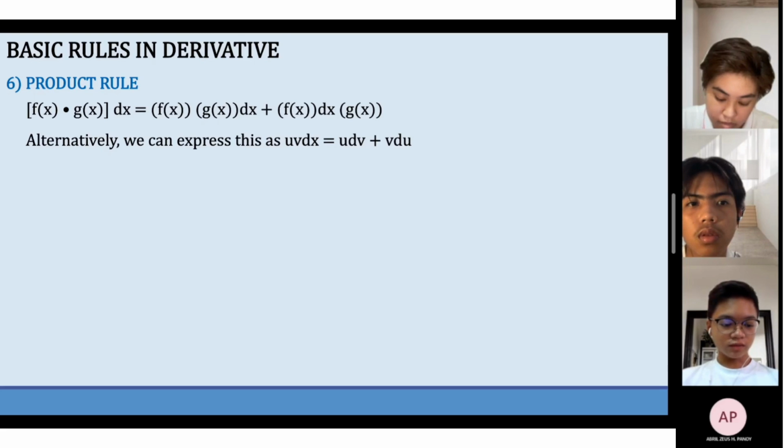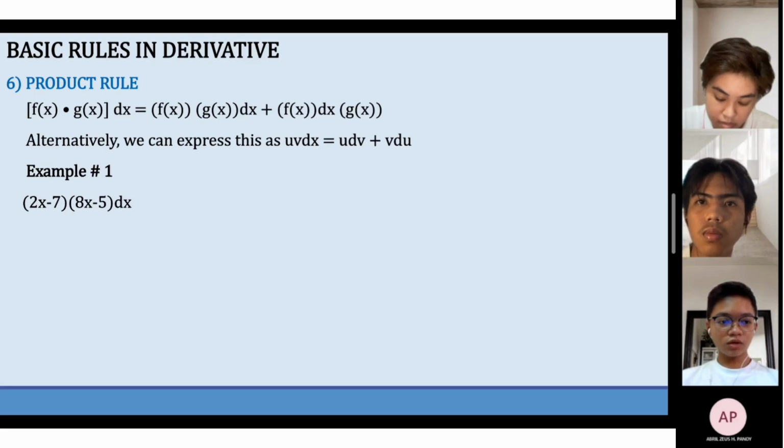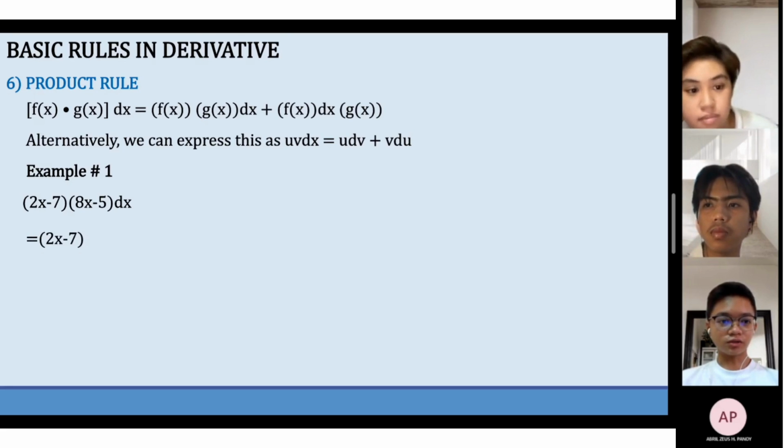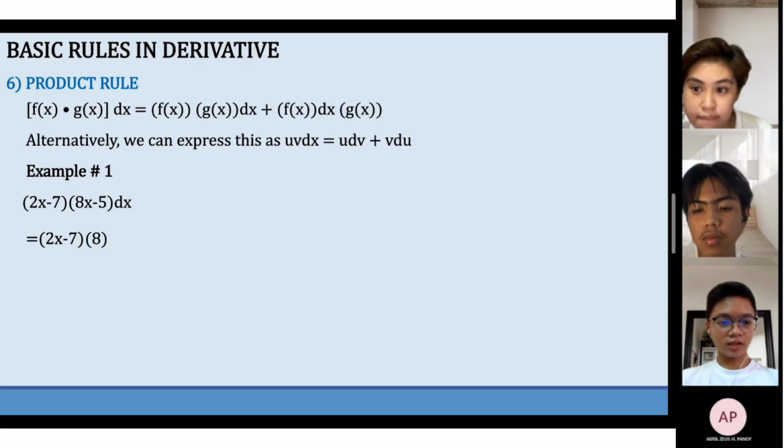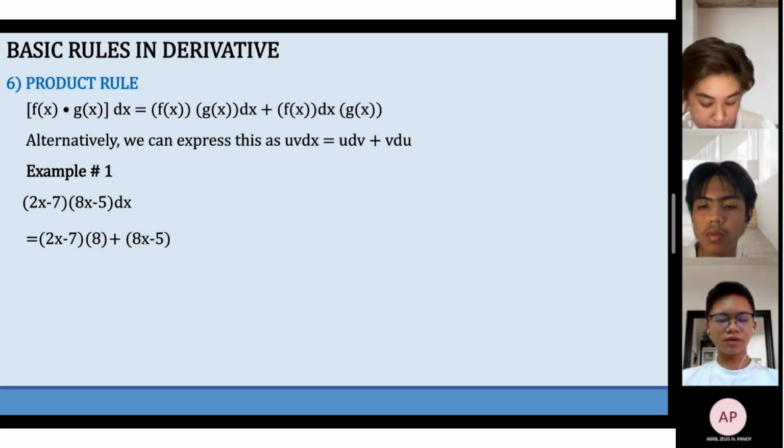For example, the derivative of the quantity 2x minus 7 times the quantity 8x minus 5 dx. First thing you're going to do is copy the first function, 2x minus 7, times the derivative of the second function, 8, plus copy the second function, 8x minus 5, times the derivative of the first function, 2x minus 7, which is 2.